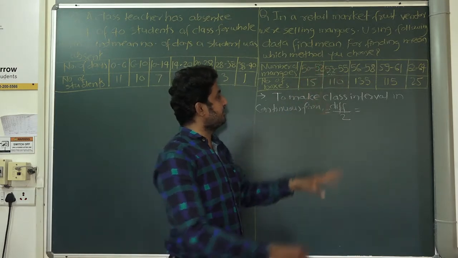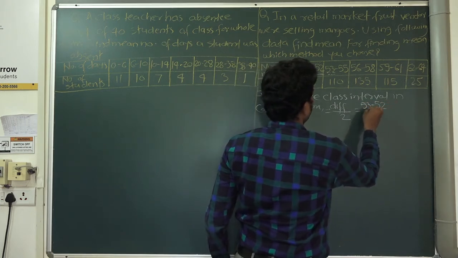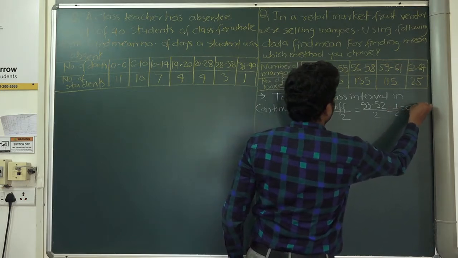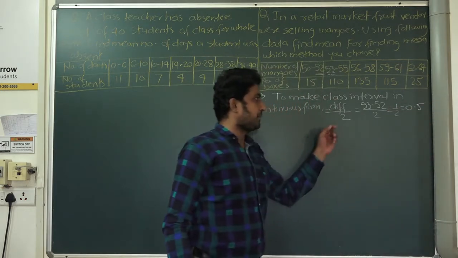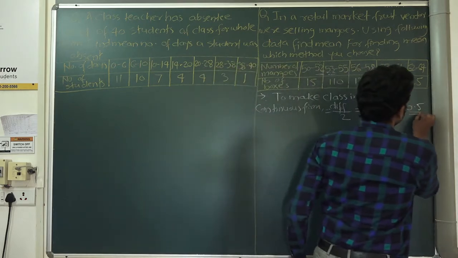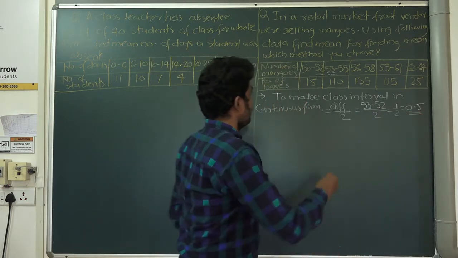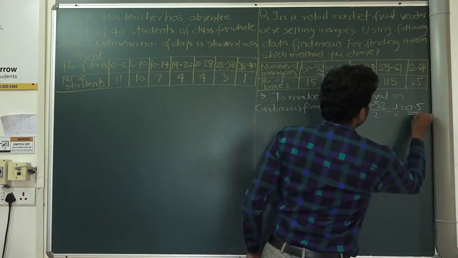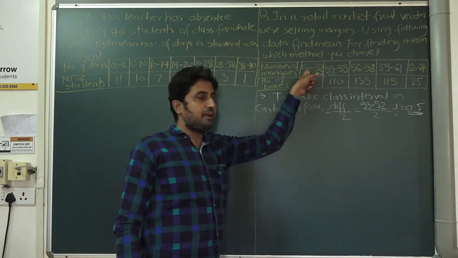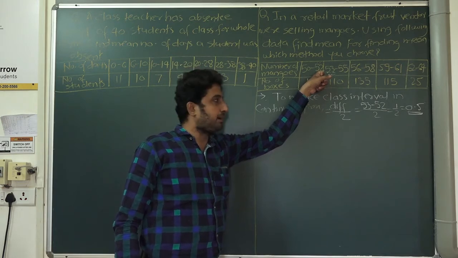So 53 minus 52, divided by 2, that becomes 1 by 2, that is 0.5 exactly. Now here we have to use this correction factor. What do we have to do? We have to use this 0.5. We have to subtract it from every lower limit and we have to add it to every upper limit.